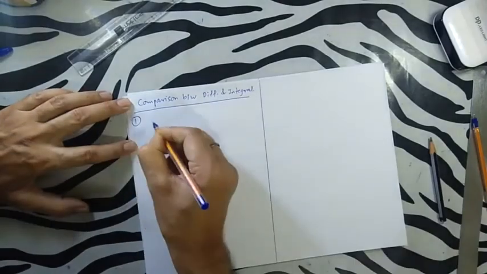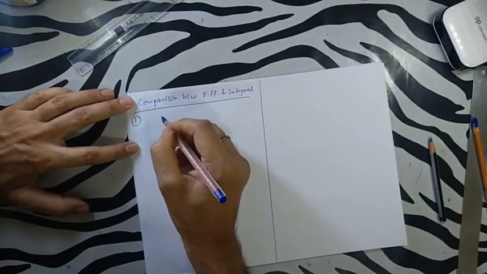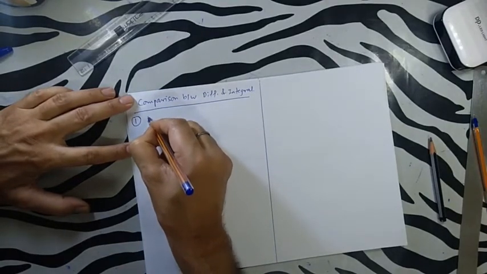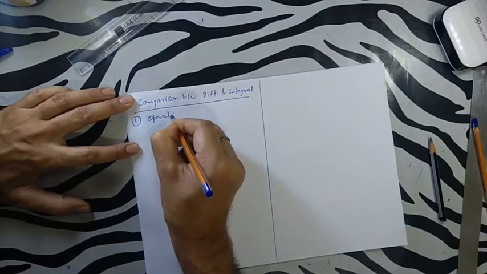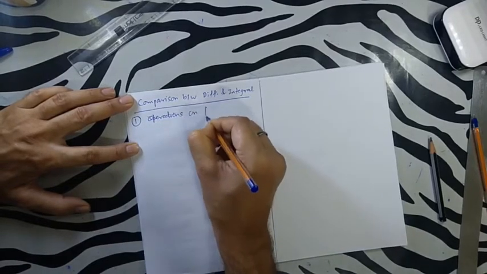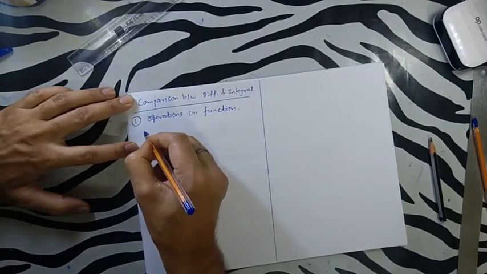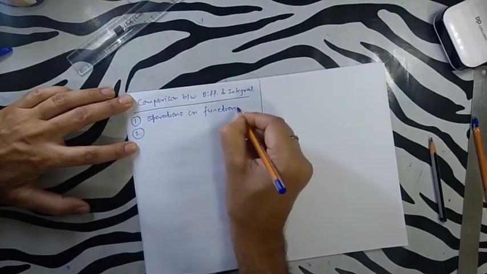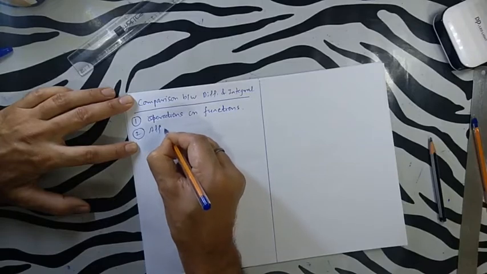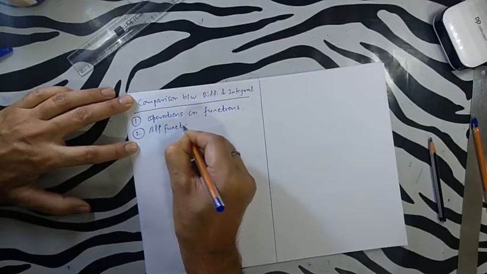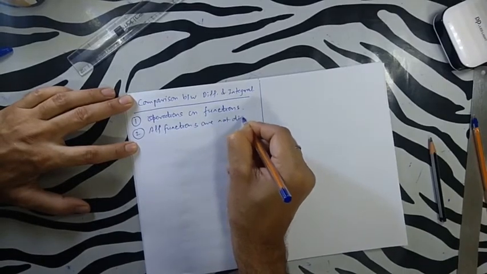The first similarity is that both are operations on functions, integration and differentiation. Number 2, all functions are not differentiable.